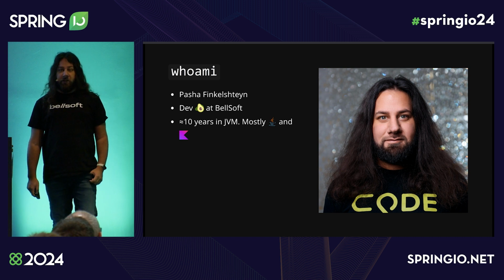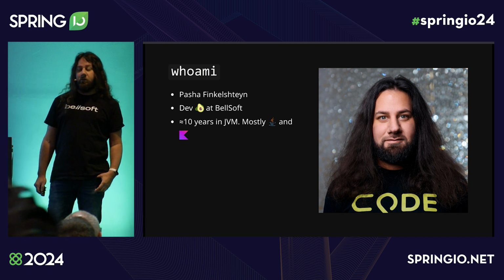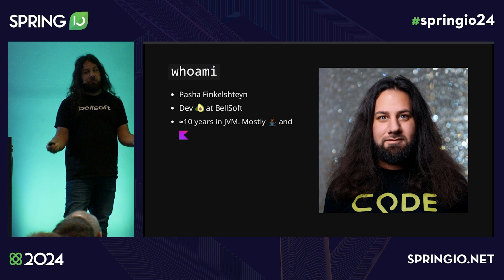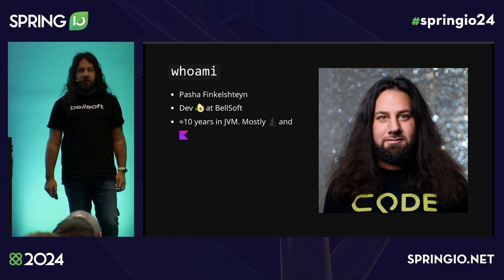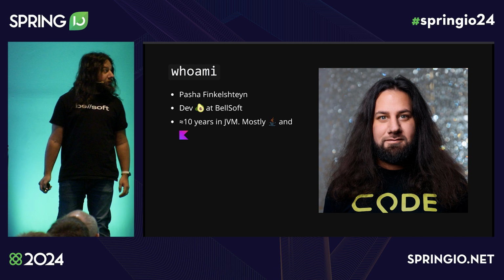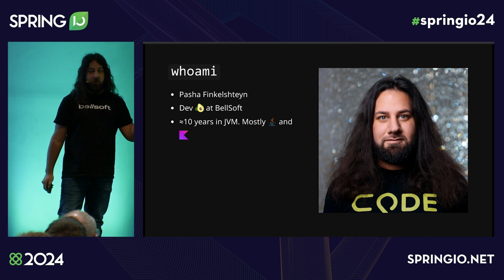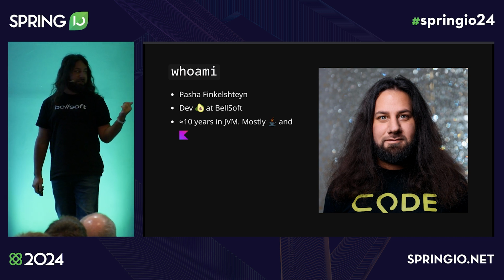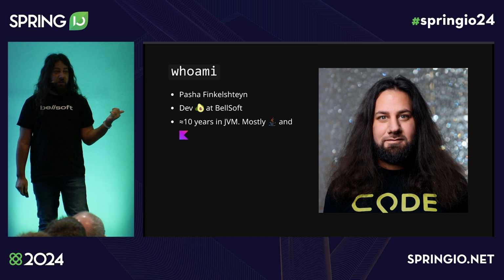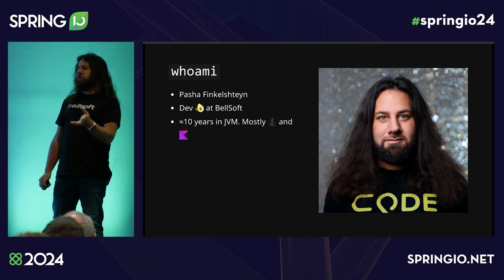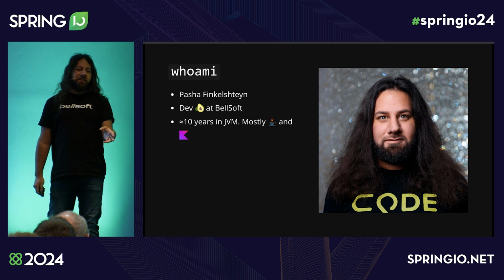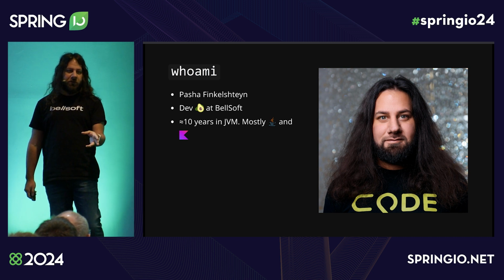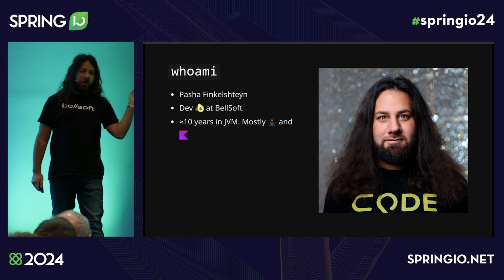What does it mean? It means that I'm trying to be a friend of developers, to listen to them, to understand what they need, and hopefully improve our products. But before that, I had like 10 years in JVM. Actually, it's already 15. I was a data engineer for some time, so I wrote code in Scala, and I didn't count it here.